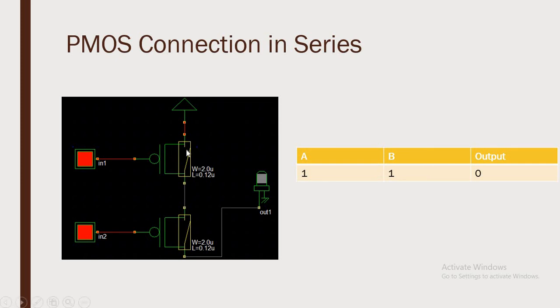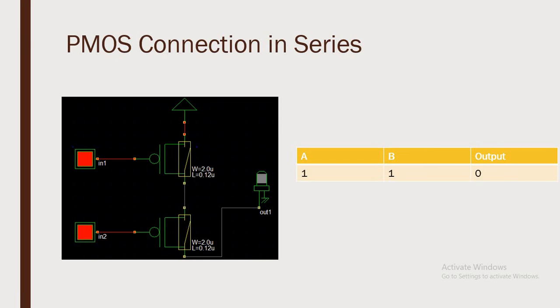As you can see, the first PMOS is open circuited and also the second PMOS is open circuited. It means the voltage at this point can't go to that point, because both PMOS become open circuited and our path is totally broken, not only from this part but also from this part. So whenever we apply the high voltage at the gate on both terminals, we have output voltage 0.